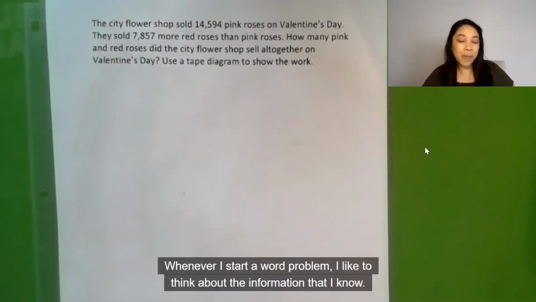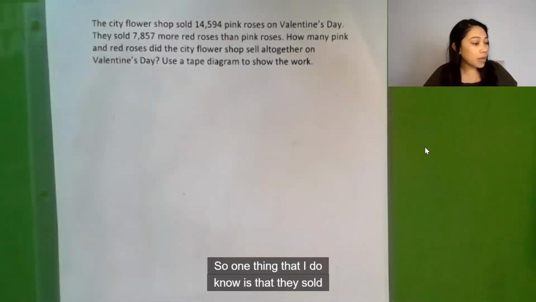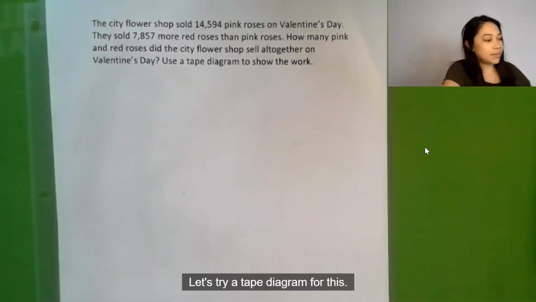Whenever I start a word problem, I like to think about the information that I know. So one thing that I do know is that they sold 14,594 pink roses. Let's draw a tape diagram for this.